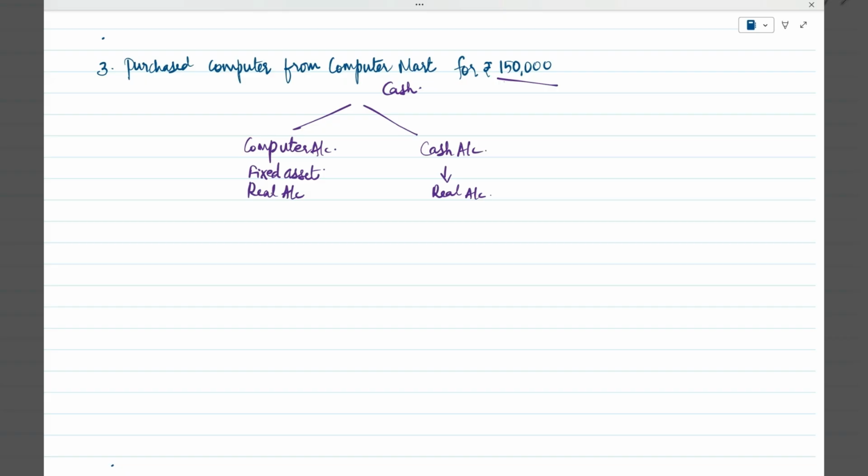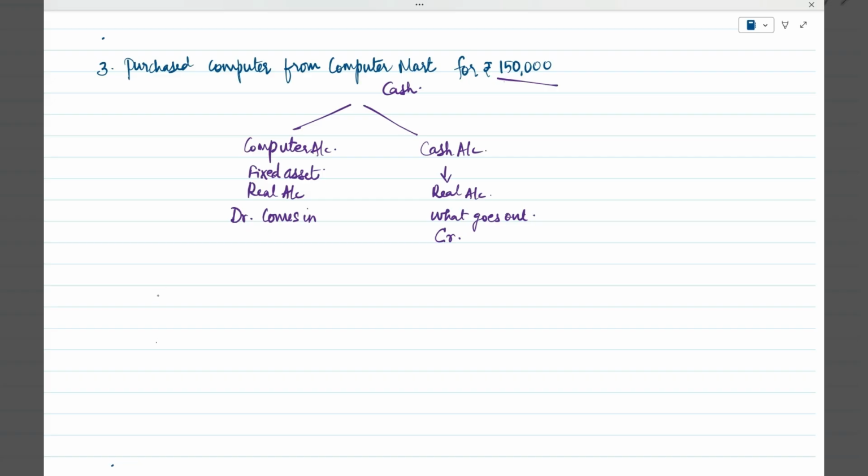So what does the rule tell? We received a fixed asset, so debit what comes in. Fixed asset came in, right? And we paid cash. What goes out? When it goes out, you need to credit. Automatically we get to the journal entry.